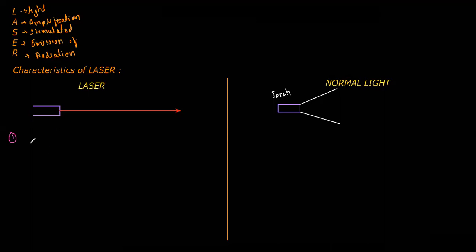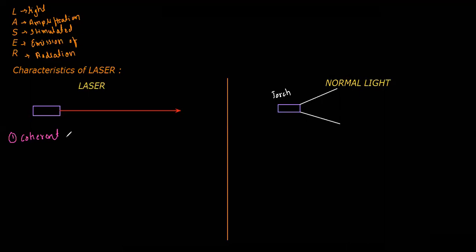You can say that the laser is coherent. So what does coherent mean? As we know, light has a wave nature, and it consists of so many waves. For example, here we are considering the red laser.